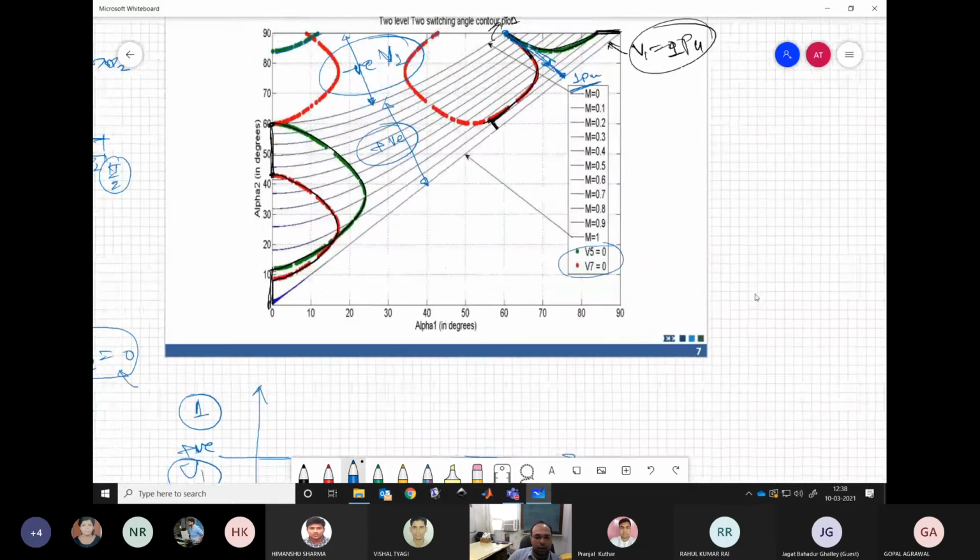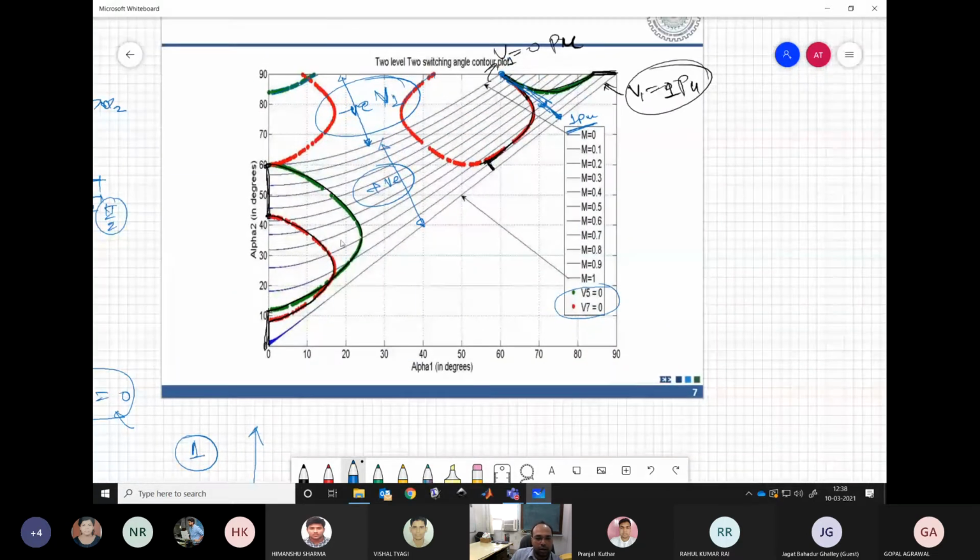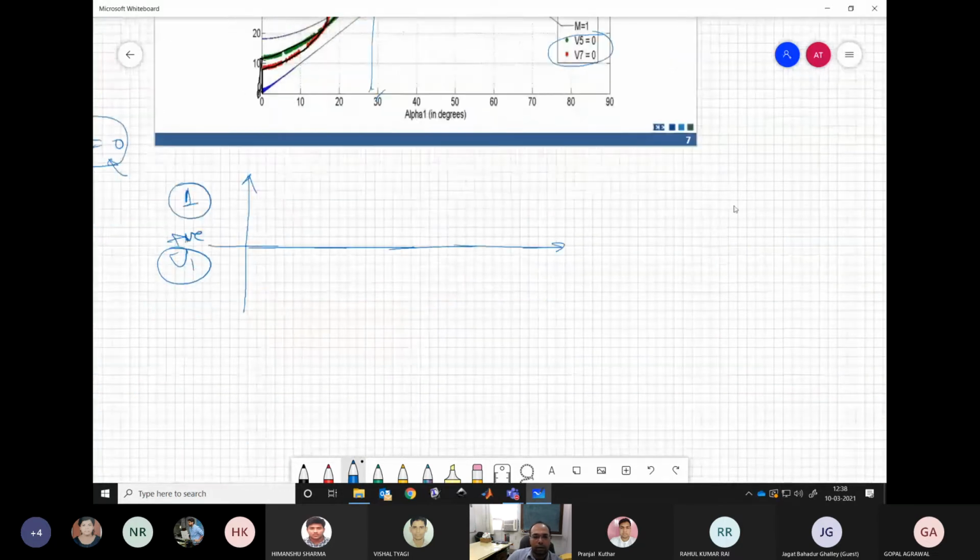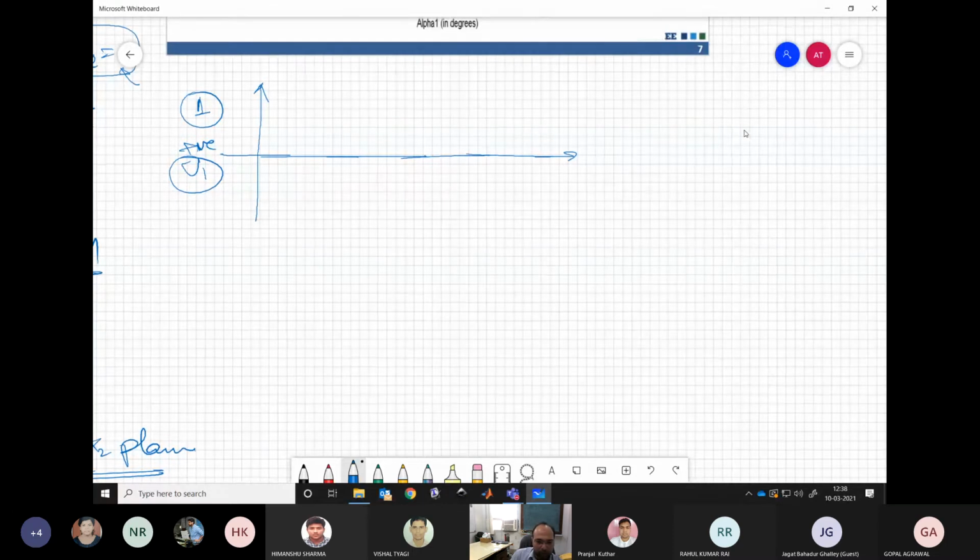A good value, let's say, if we have 30 degree alpha 1, the alpha 2 could be 50 degree. So let's say this is the operating point we are taking. If we draw our complete waveform, how will it look? There will be one notch in the quarter cycle, and then it will continue.